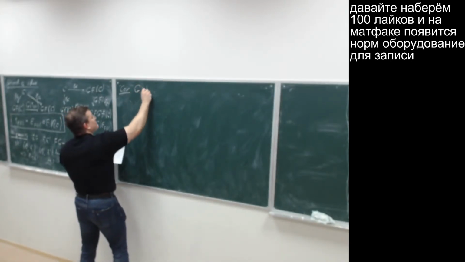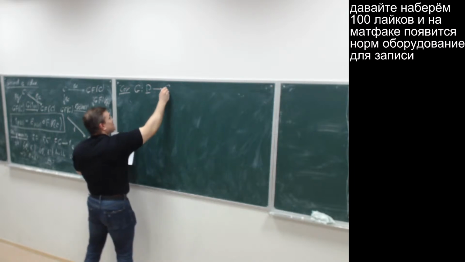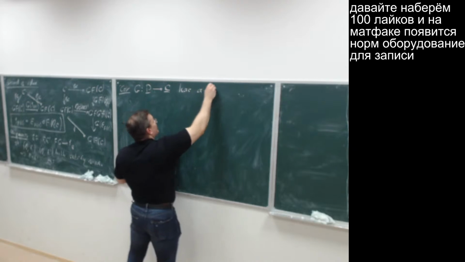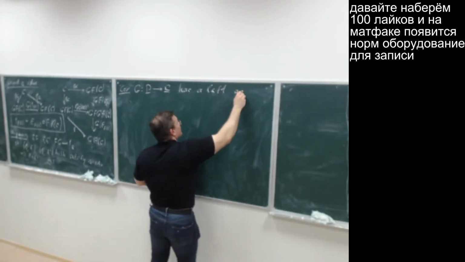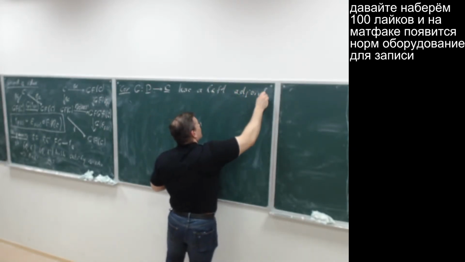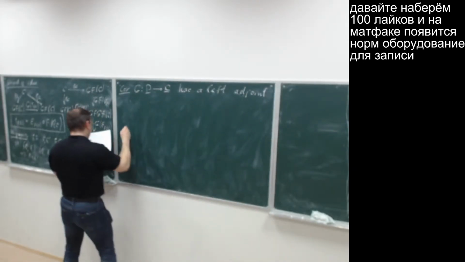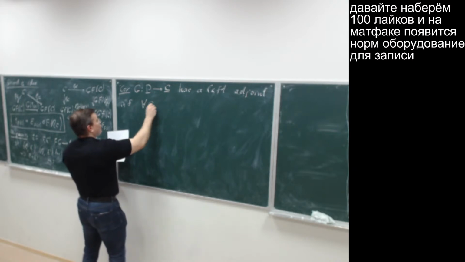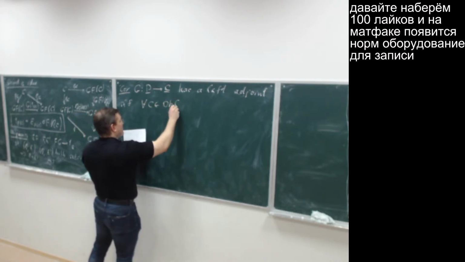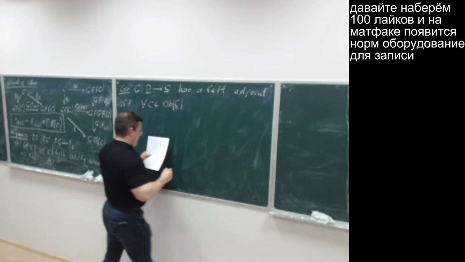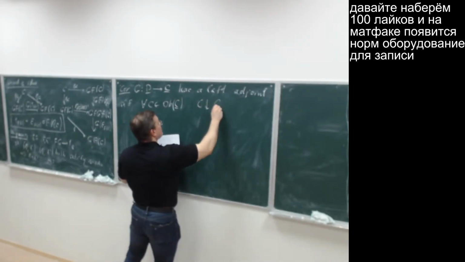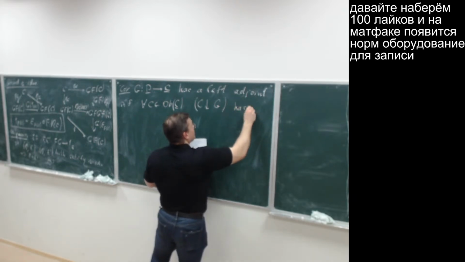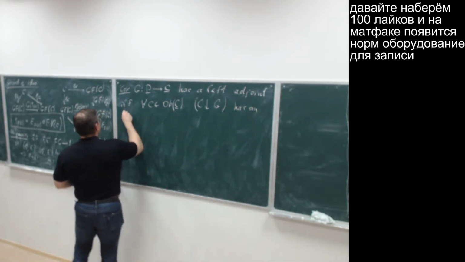A functor G from D to C, so this is just one functor, has a left adjoint if and only if for any object C in the category C, the comma category C down G has an initial object.